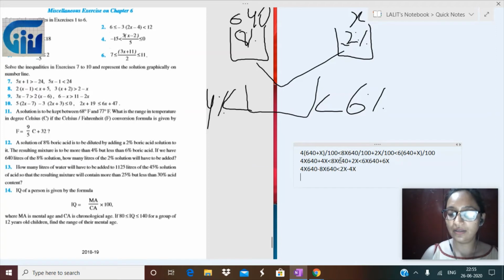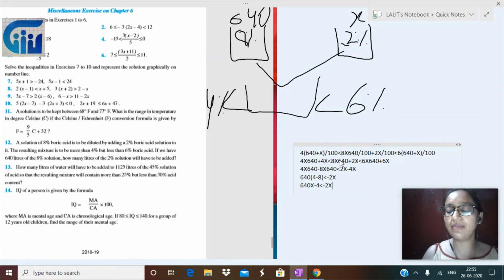So over here, if I take 640 common, within bracket what we'll have? 4 minus 8. So this way the calculation becomes easy, right? Over here we can write it as minus 2x, right? So further if we solve, we'll have 640 into minus 4, strictly less than minus 2x.